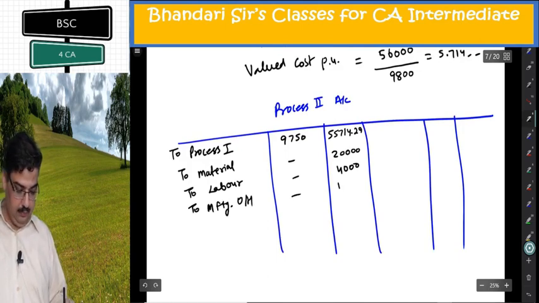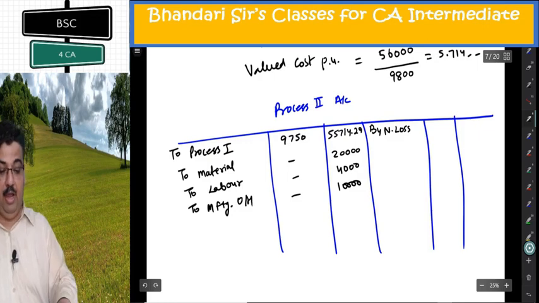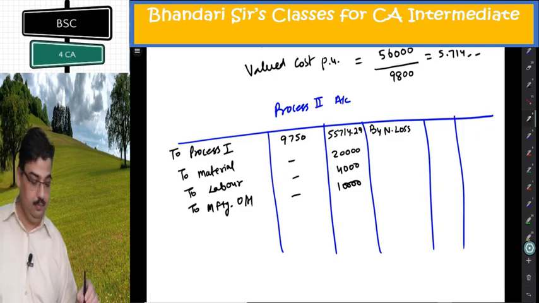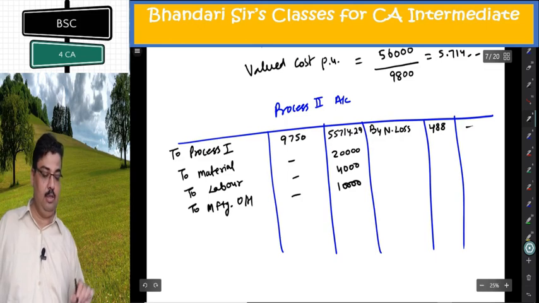Manufacturing overhead 10,000. By normal loss 5%. 5% of what? 9750 into 5%, I am getting 487.5. I can make it 488 units approximately.